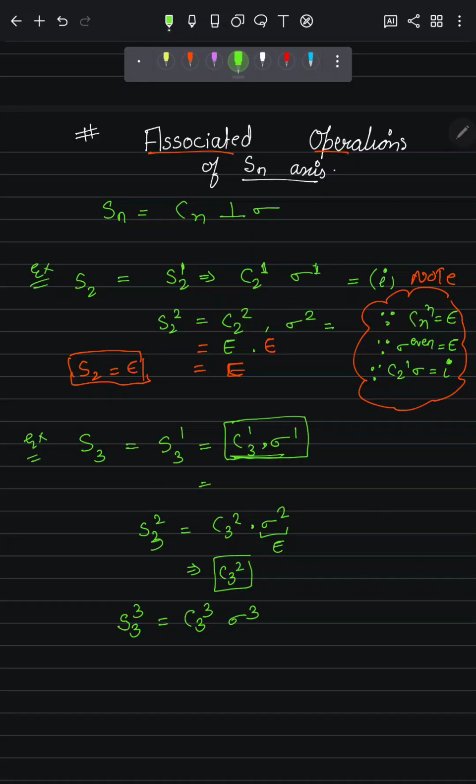According to the previous note, Cn to the power n, in this case C3 to the power 3, is equal to identity. We can write sigma^3 as sigma^2 into sigma. Sigma to an even power is also identity, so the final answer will be sigma.